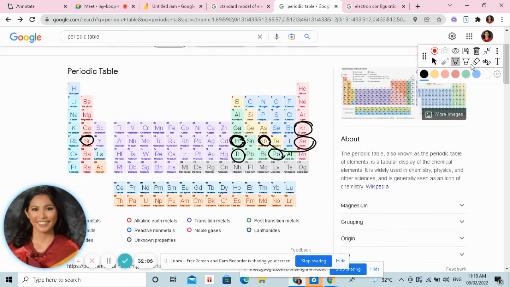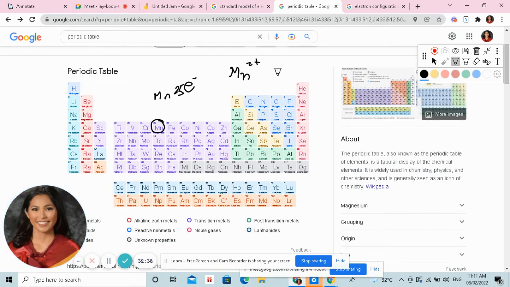If we have Mn, how many electrons in a manganese atom? We have 25 electrons. Now, because it's an ion Mn2+, how many electrons in the Mn2+ ion?